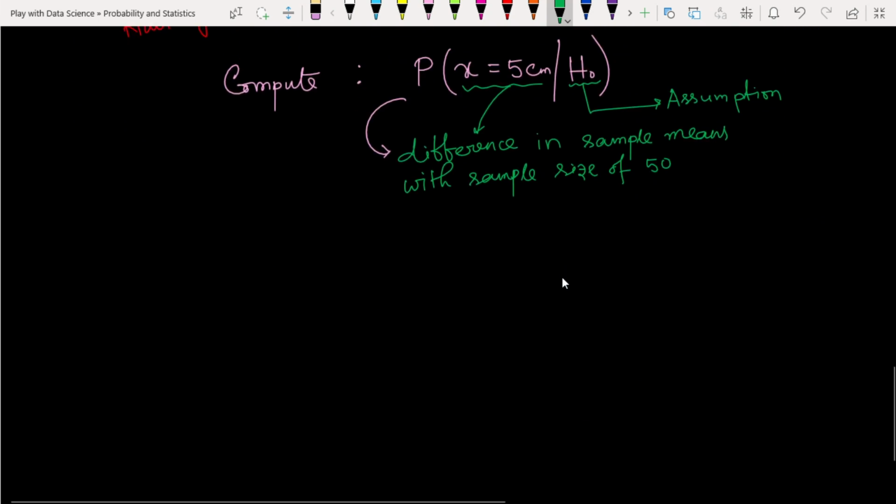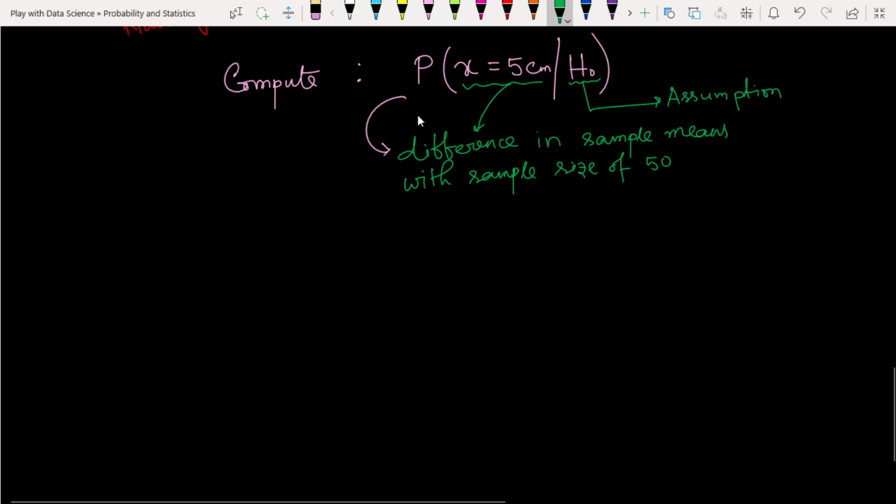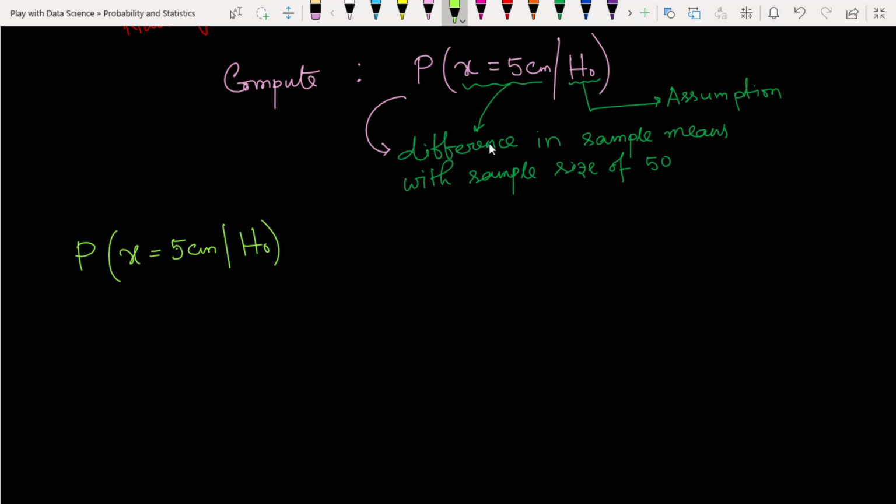Now try to understand these things in more detail in the English language. If you combine these two things, they can be written in English like this.